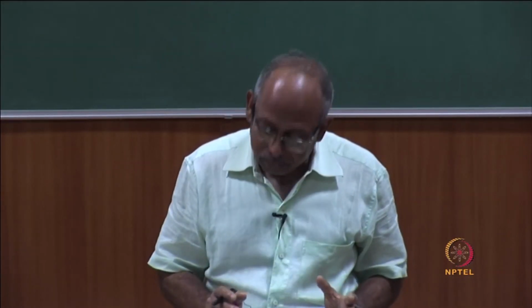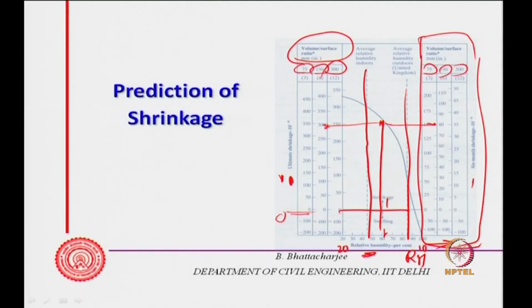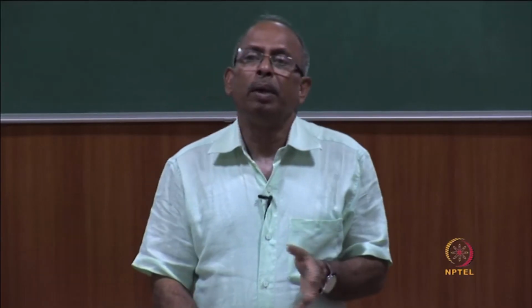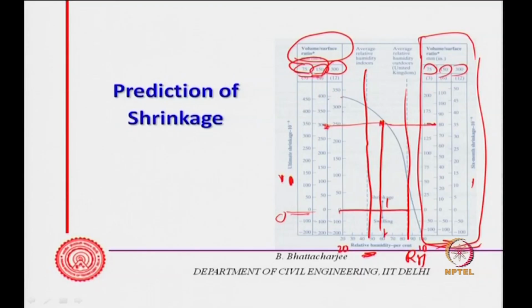Now, anything anywhere in between, you can, for example, this scale, this is graduated. So, if you have volume to surface area ratio say 145, then you have to actually interpolate between these two. You can determine for 75 and determine from 150 and then for 300 also, but they are not linearly varying.